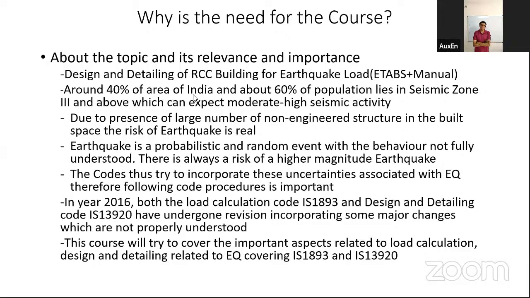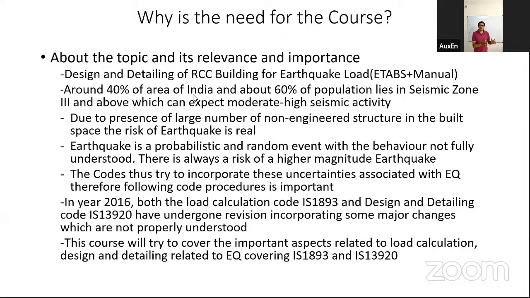IS 1893 is your load calculation code, and IS 13920 is your ductile design and detailing code. For a basic understanding, IS 1893 is the code for earthquake load calculation, and IS 13920 is for design and detailing.